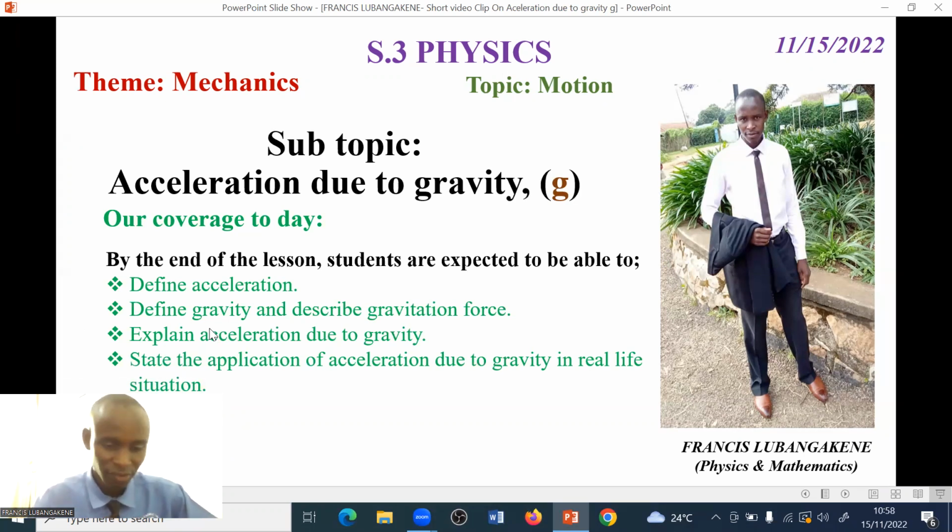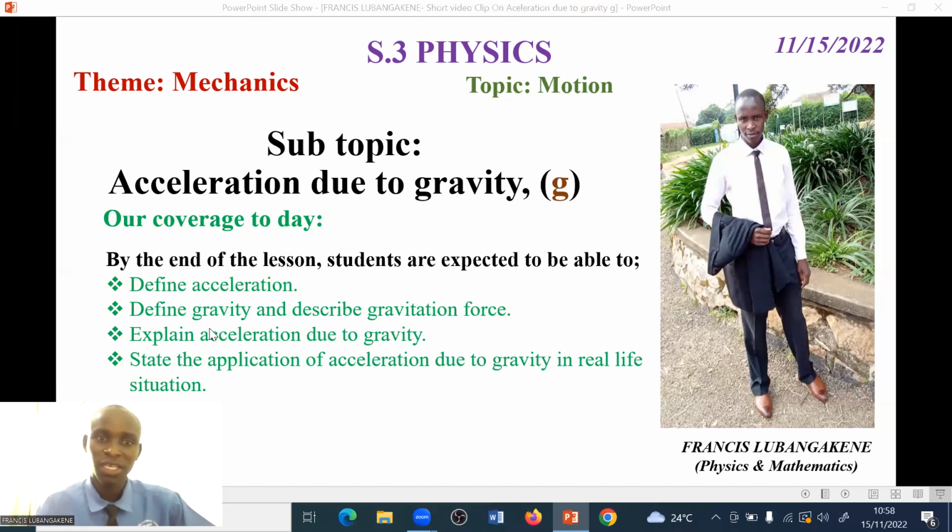We shall have a definition of acceleration due to gravity, a definition of gravity and gravitational force, explain acceleration due to gravity, and also state some actual real-life examples of acceleration due to gravity. I pray we remain focused to achieve this as we begin our presentation.